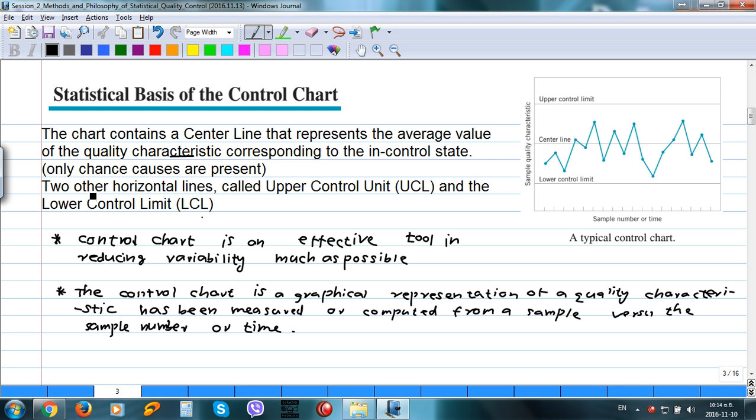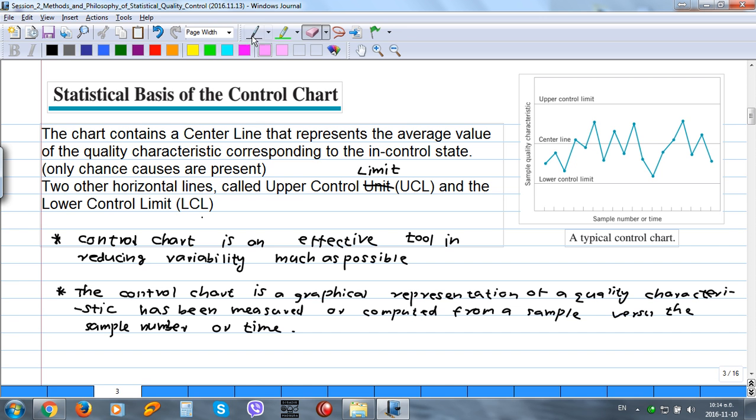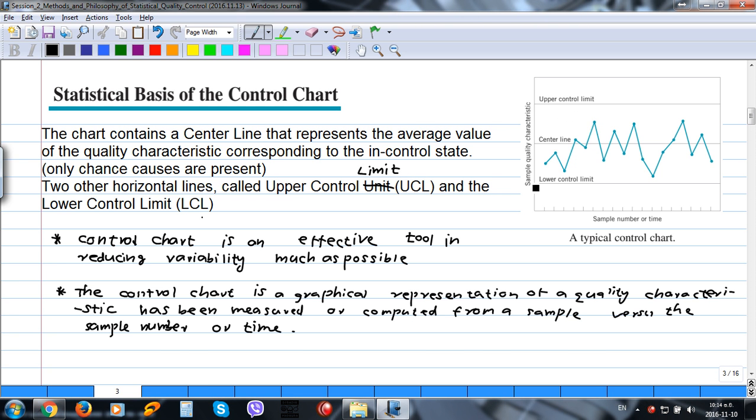There are two other horizontal lines called the upper control limit, UCL, and the lower control limit, LCL. If the process is statistically in control, all the data points are in between these two limits.